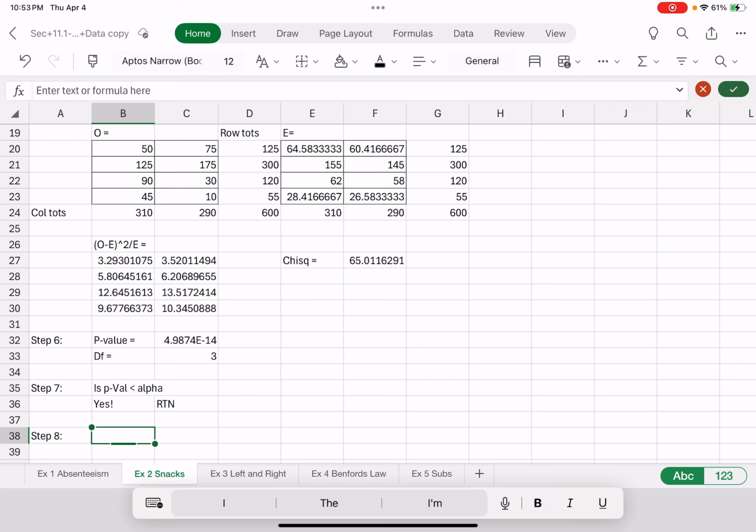Otherwise, it's always going to be extreme. So what that means is we rejected the fact that they are independent.